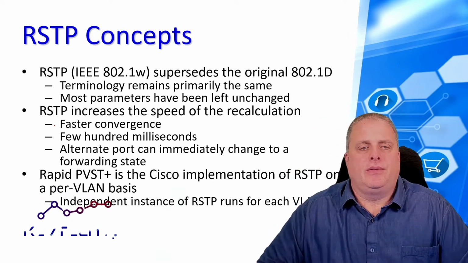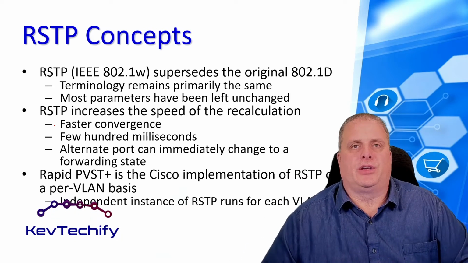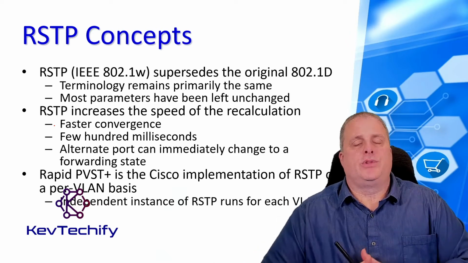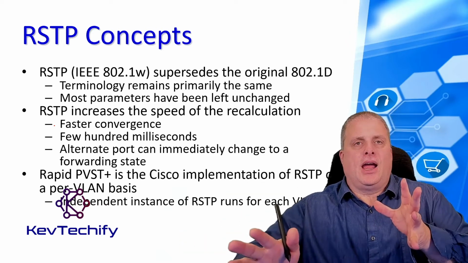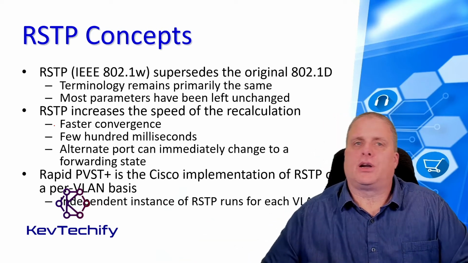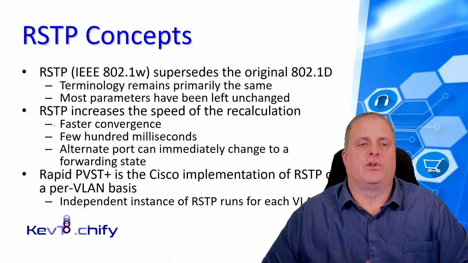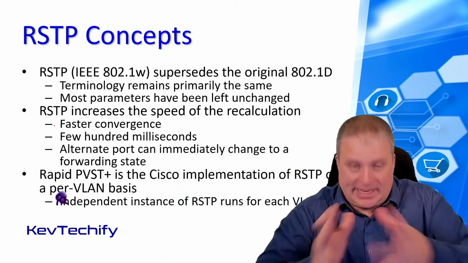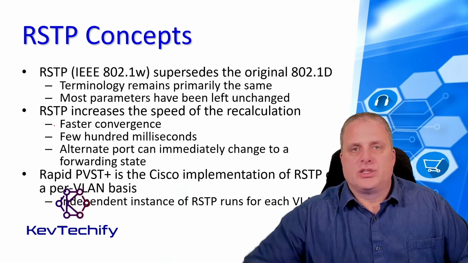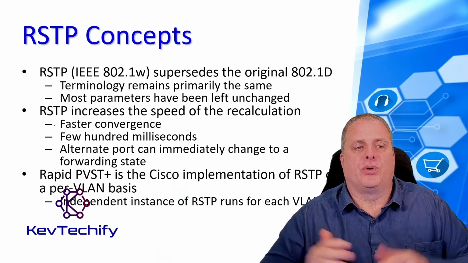Rapid spanning tree increases the speed of recalculation, meaning when there's a change in the network, when do we come to convergence? When is everybody in agreement on who the root bridge is, what the root ports, designated ports, and alternate ports are? It just happens faster. Oftentimes it's a few hundred milliseconds, so way less than a second.